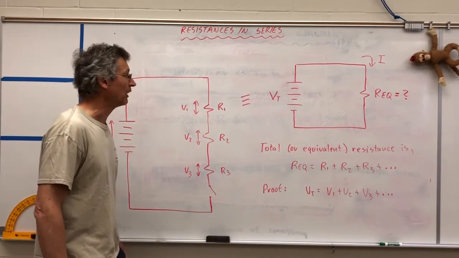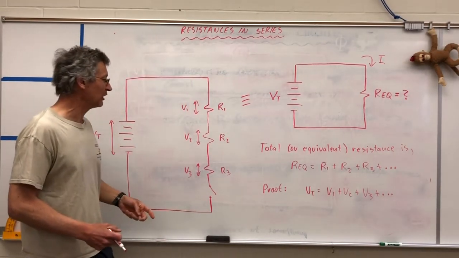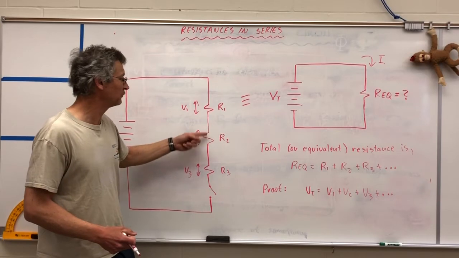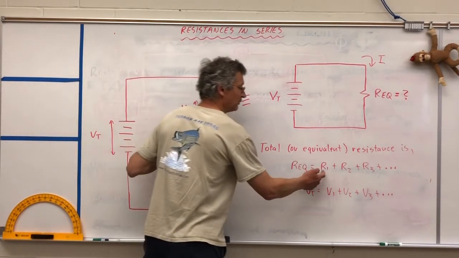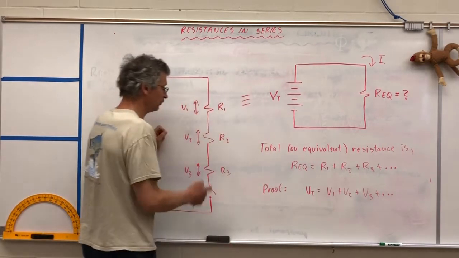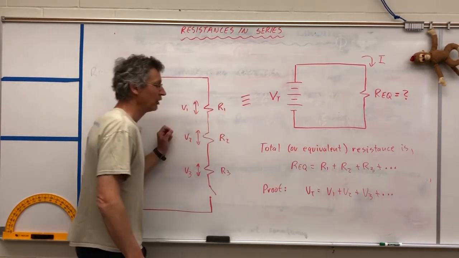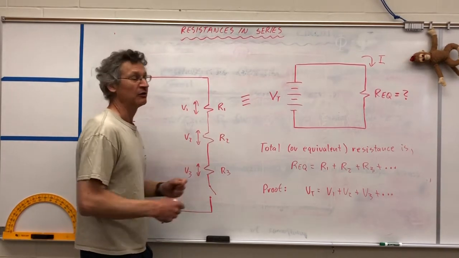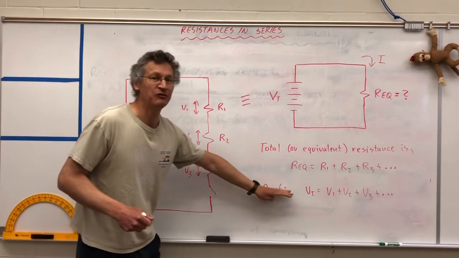Well, it's kind of intuitive, right? The equivalent resistance to these 3 smaller ones is going to be just the sum of all the smaller ones. Just add these up and there's the total or the equivalent resistance to them. It seems pretty intuitive. Let's prove it though.